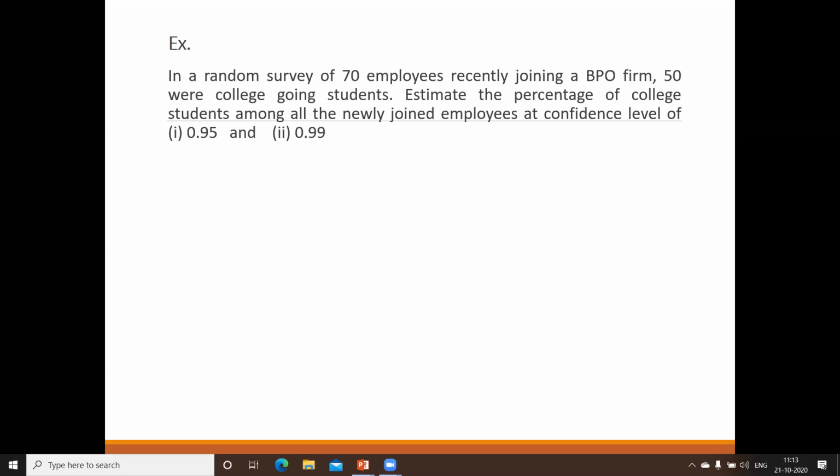So I can find the standard error of proportion using the value of p, which is given by square root of p into bracket 1 minus p divided by n, which will help me get the interval estimate of pi.